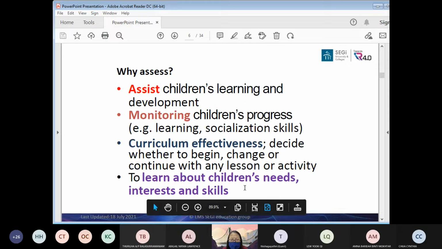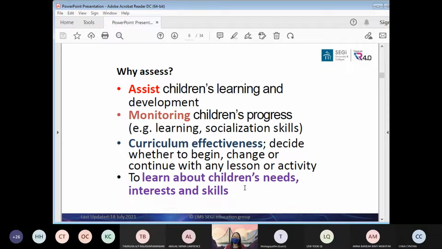Now, why assess? Assist children's learning. Why do we assess children? We need to assist children's learning. And then monitoring children's progress. As I said just now, once we interpret it, we assist them, see how we can help them.